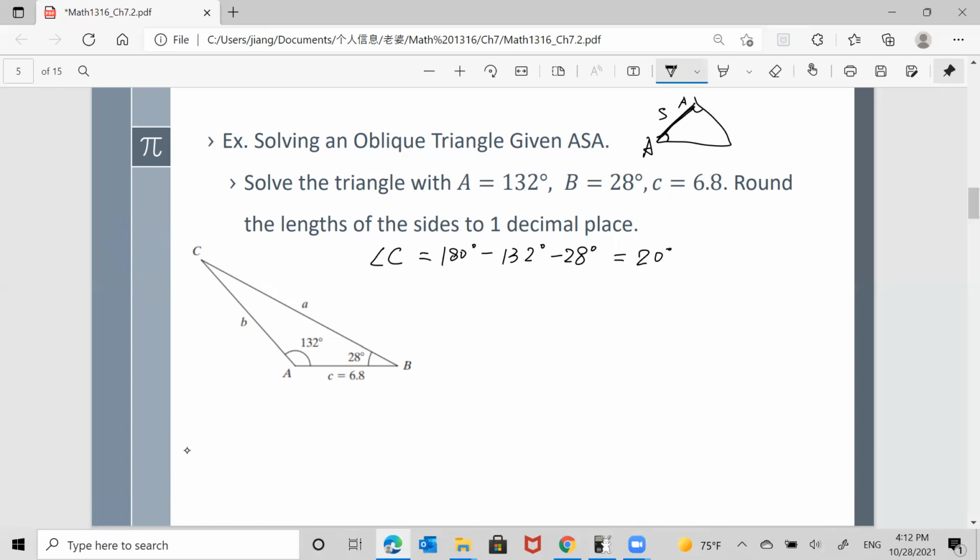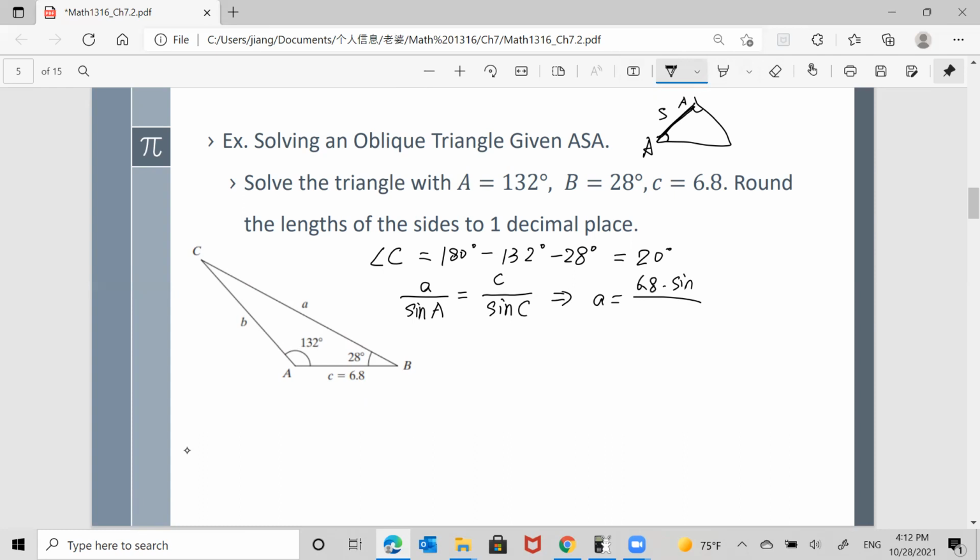We use c over sine C equals a over sine A equals b over sine B. So a over sine A equals c over sine C. Because we know the angle C, angle A, that means we're looking for a. a equals c times sine A over sine C. I can plug in the information. c equals 6.8.